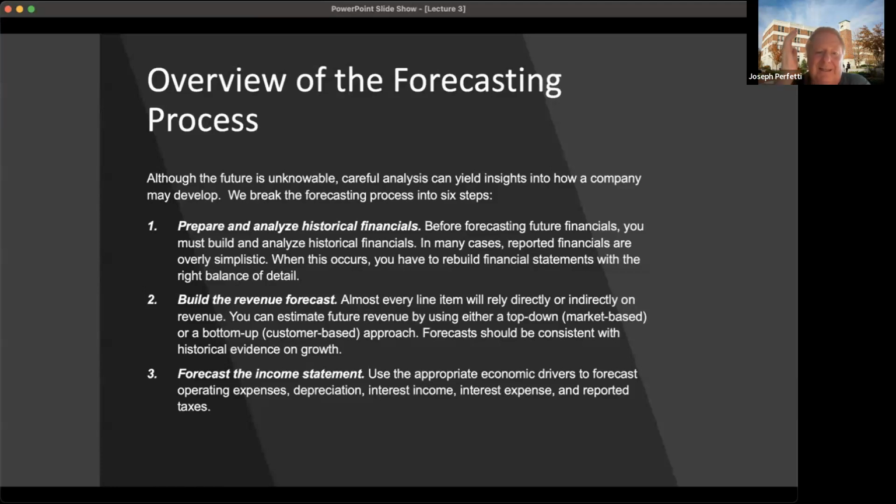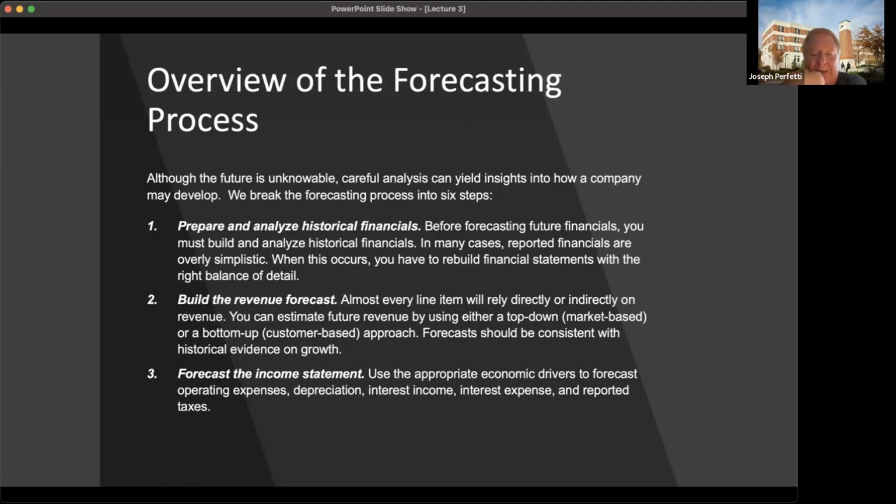In terms of the process itself, as I said, we start out with historical financials. For a startup, we may not have that, and then we have to figure out what the financials would look like when they're all grown up. That's why we're not doing startups in this class. They're a little bit more tricky. But for a mature firm, start with the historical financials, understand the drivers, how they're built, get a sense of the business model.